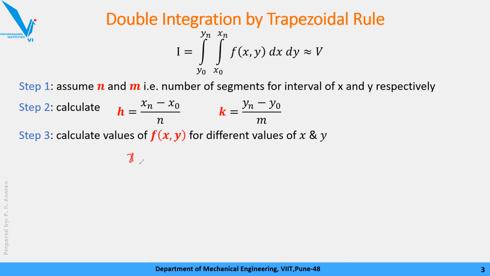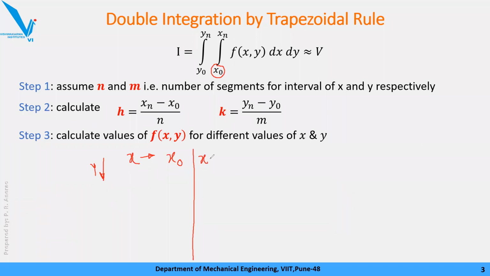So first, I'll write x in this direction and y in this direction. Okay. So first value is x0. So x0 will be present here in the problem statement.